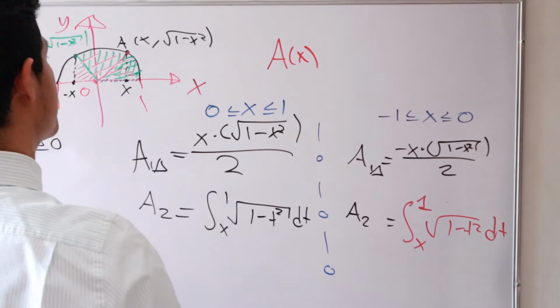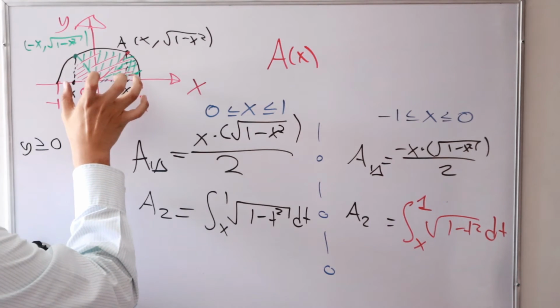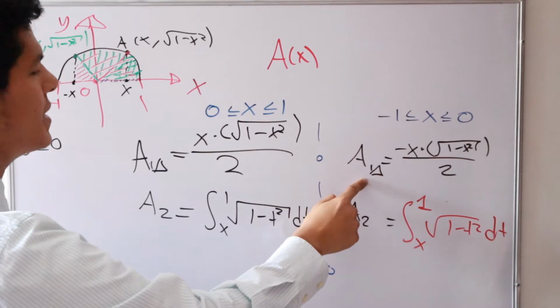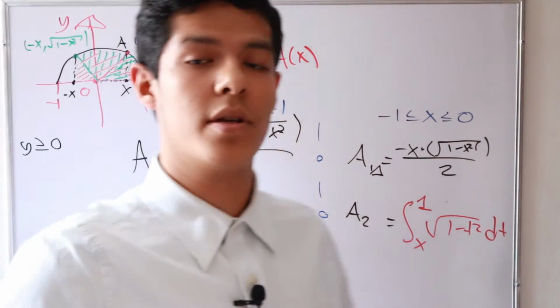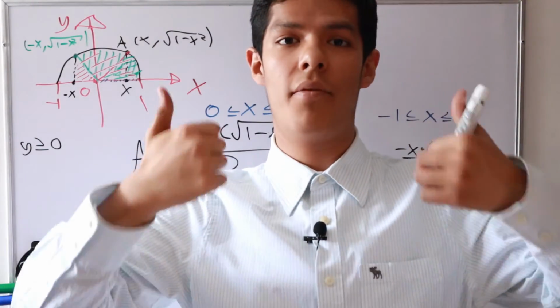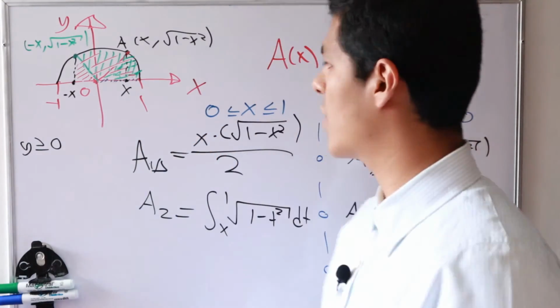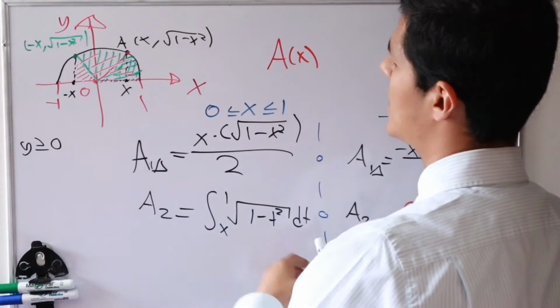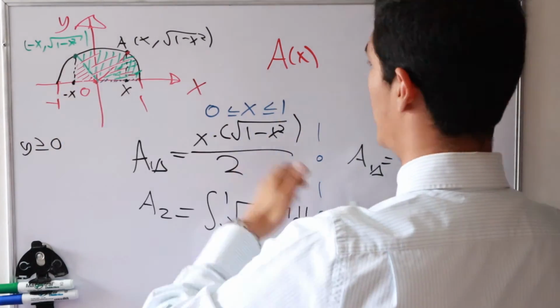In this case, this second area is larger, so by subtracting the area of the triangle, we get the green one. As you can see, it is true, our function is defined well, for x between -1 and 1.